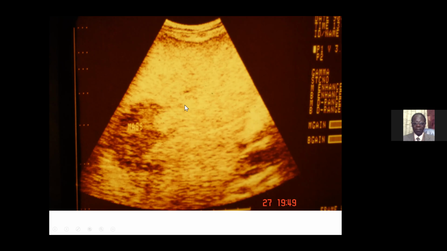This means it is rapidly growing. And therefore, this is how we diagnose a malignant lesion on ultrasound. We did a biopsy, and the histopathology result was a hepatocellular carcinoma.